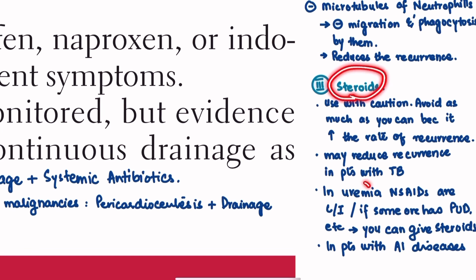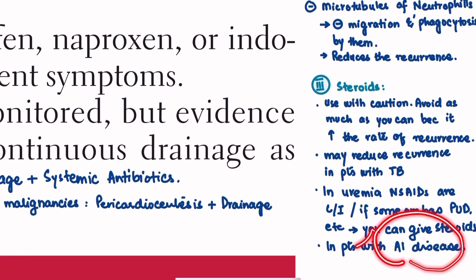For example, in uremia, NSAIDs are contraindicated, and if someone has peptic ulcer disease, we cannot give ASA, so we give steroids instead. And also in patients with autoimmune diseases, we might want to give steroids because steroids will depress the immune system, and in autoimmune diseases your own immune system has gone crazy, so we want to give steroids in autoimmune diseases as well.